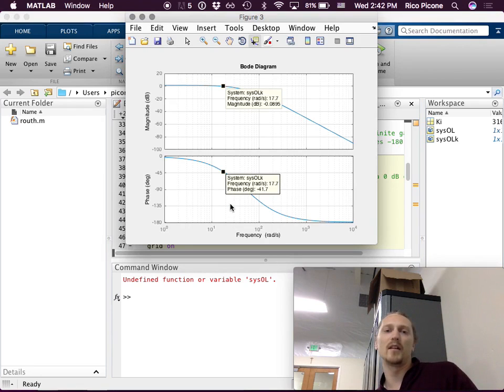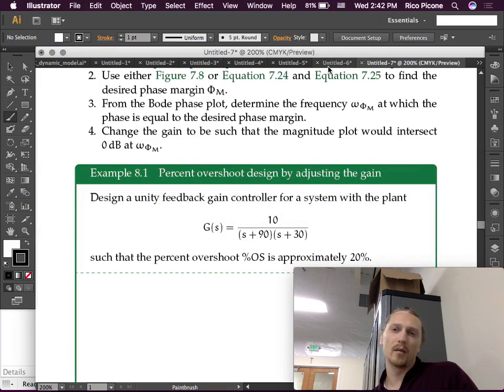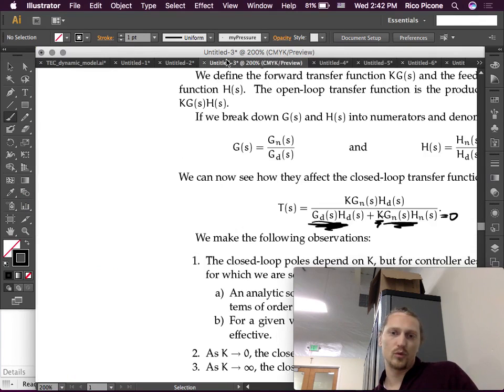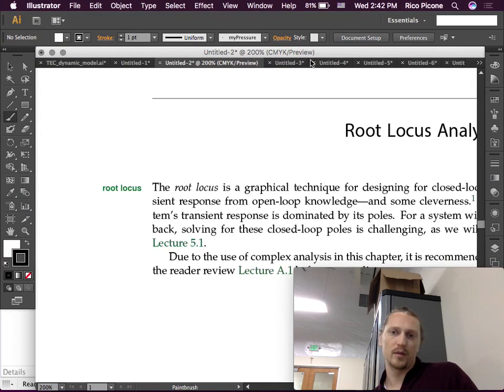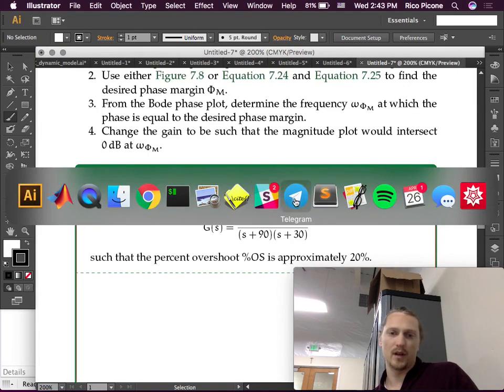It's going to be 138, right? 138 degrees phase margin, which in terms of our time response performance, that's way too big. Okay, so let's find out what I mean by way too big. Let's look at.